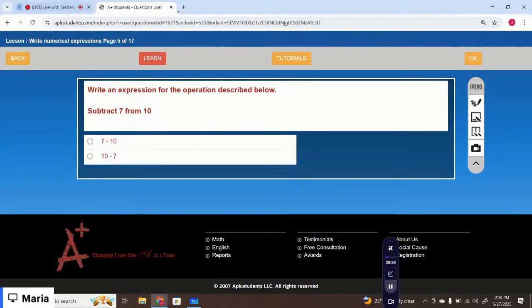Subtract 7 from 10, that is 10 minus 7, and that is the correct option.